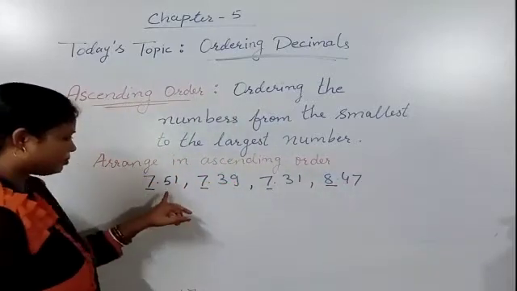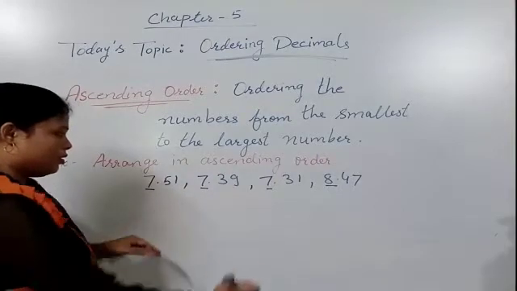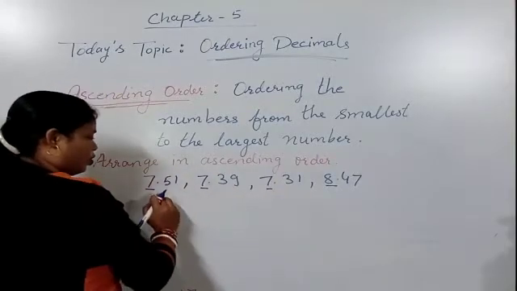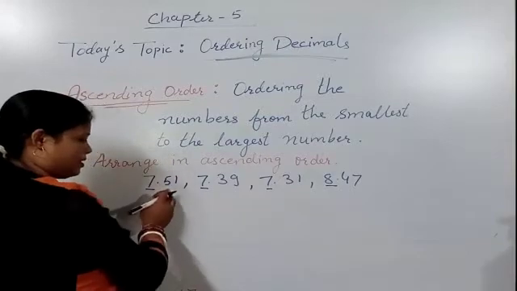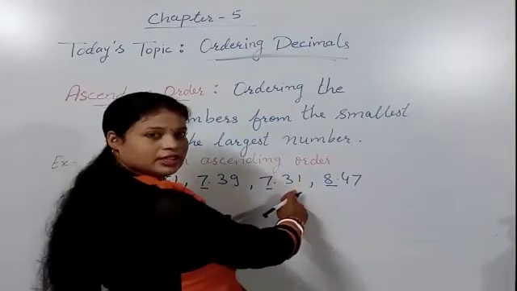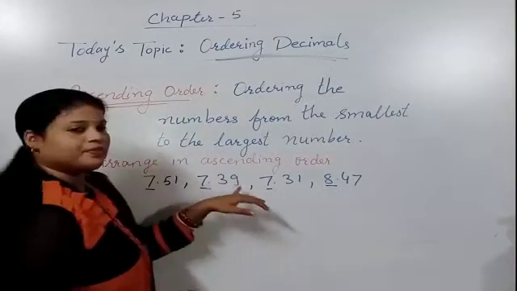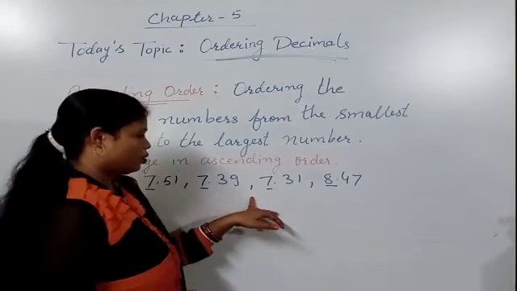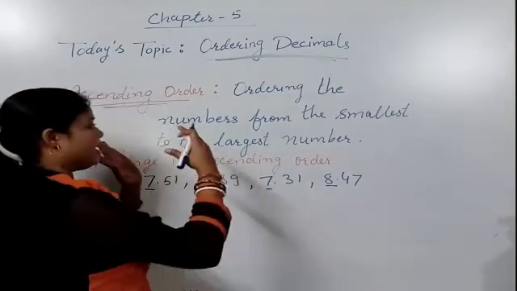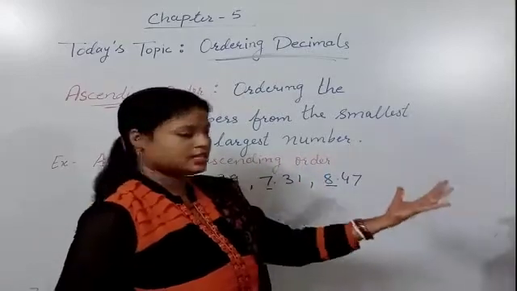Now we'll compare these three first. So now we'll see the 10th place. Here it is 5, here it is 3 and here it is 3. We know that 5 is greater than 3. Okay, so it is ascending order, which means we have to write from smallest to largest.